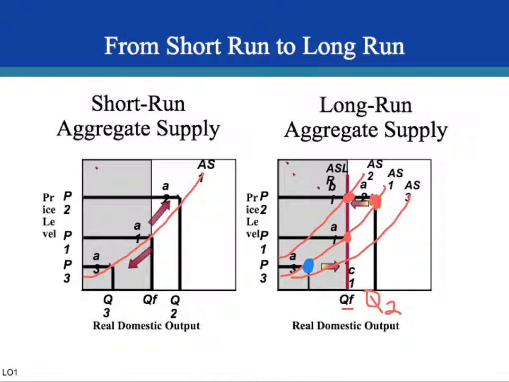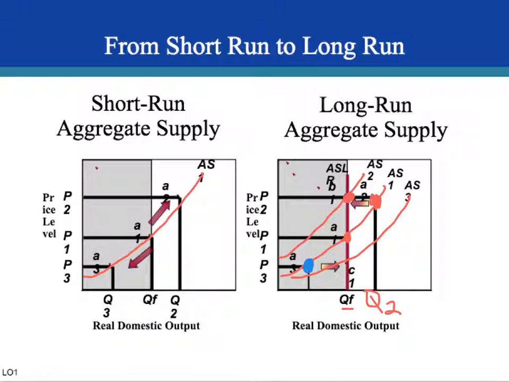Okay. So in the short run, their input prices remain high because, again, wages don't go down very easy. It's very hard to get workers to agree to a wage cut, or even to just agree to not take a wage increase.